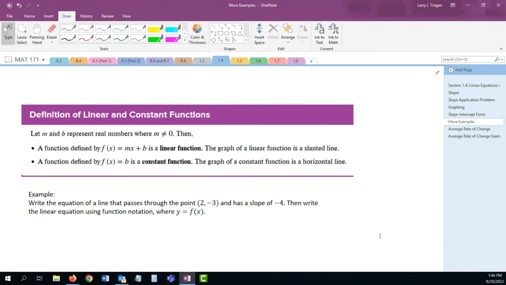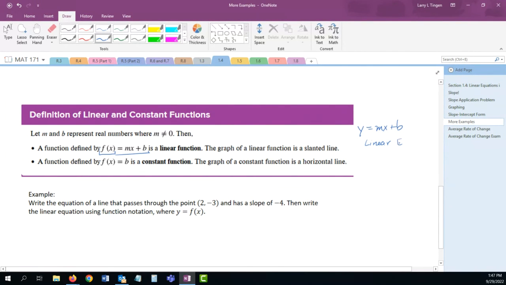Every other linear equation is a function, right? For every x, there's exactly one y. So if I have a slanted line, I've got y equals mx plus b. That's a linear equation. Well, now this is being called a linear function because we added f of x in place of y.